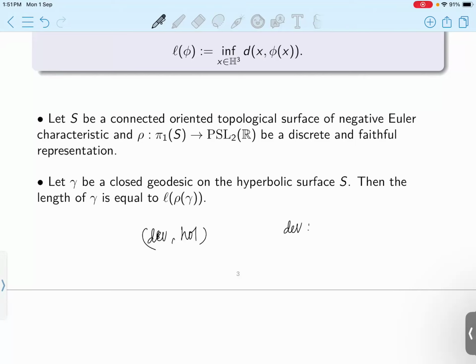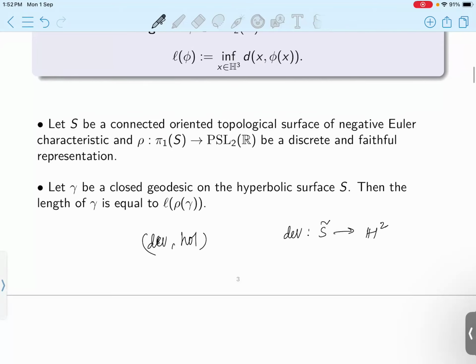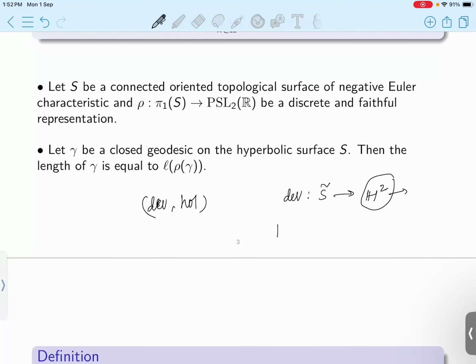Developing map is a map defined from, in our case, H2. And H tilde is the universal cover. With this developing map comes a holonomy map, which is equivariant. Holonomy map is from pi1 S to the group of isometries PSL2R, and this satisfies some properties.